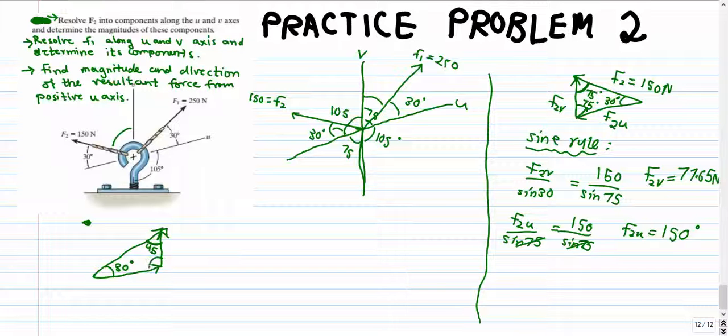We can find this last angle by subtracting 30 and 45 from 180 degrees. So we get 105 degrees. Now that we have the length for one side and all the angles in the triangle, we can simply apply the sine rule to get the value for the components.